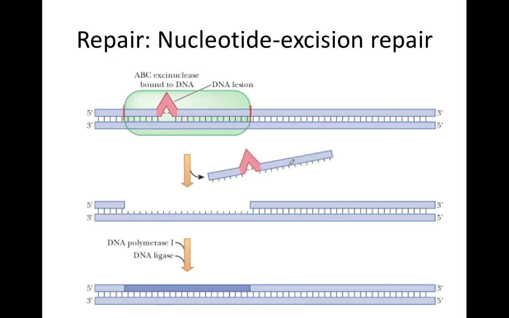So this entire fragment has been excised, and DNA polymerase 1 comes in to repair this part, and then ligase comes in to repair the nick in the backbone so that you can have an intact DNA.